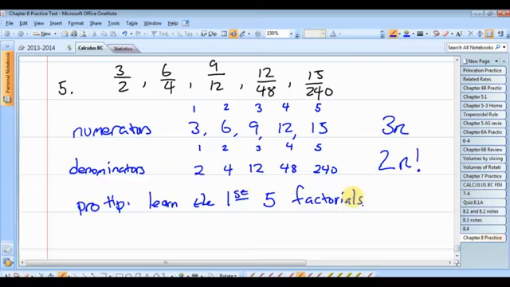When you see that pattern, you know it's factorial. So that's just n factorial.